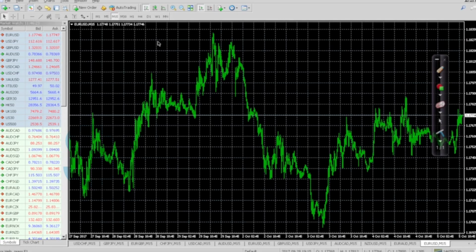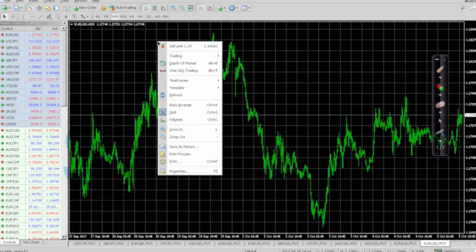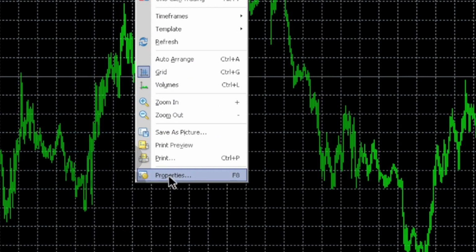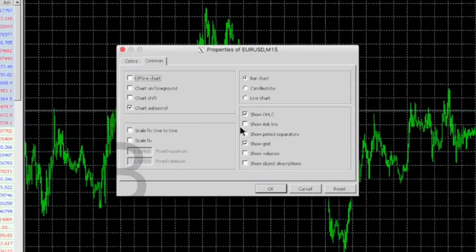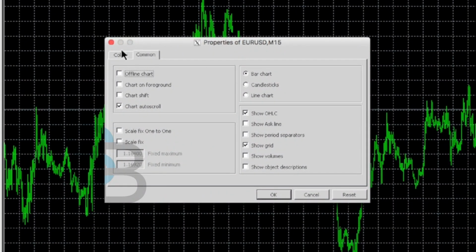So first thing is to right-click on the chart and you get this box. Scroll down, go to Properties, and go to Common, select Candlesticks. So once you select that, you will see the candlesticks on display.